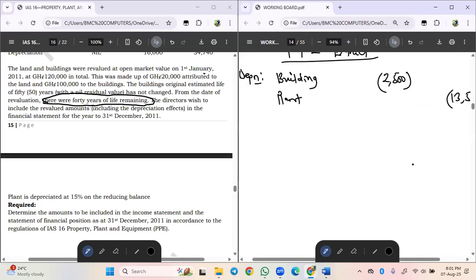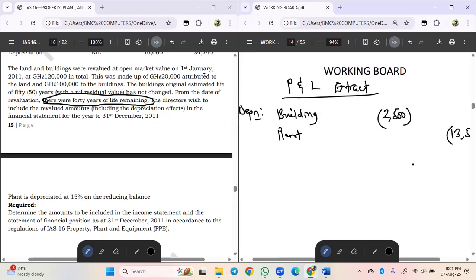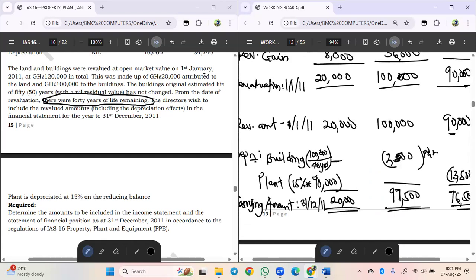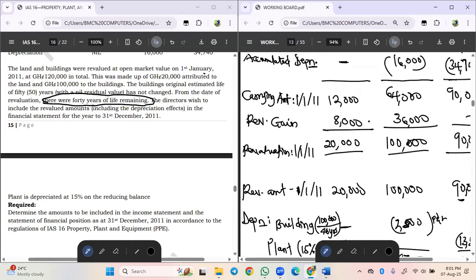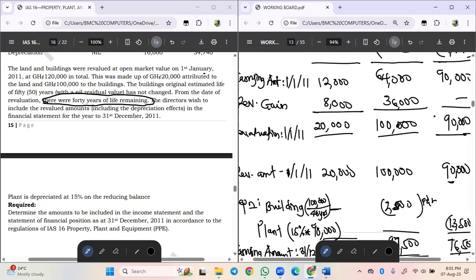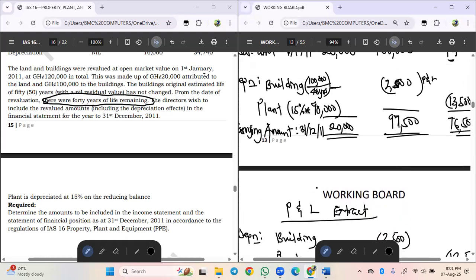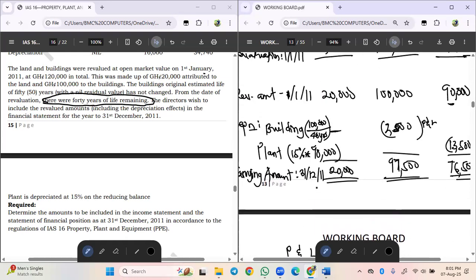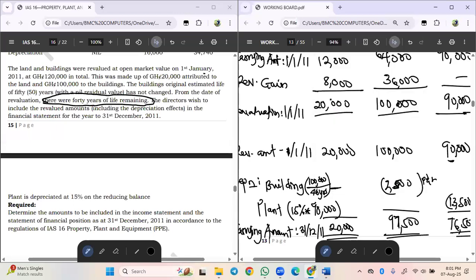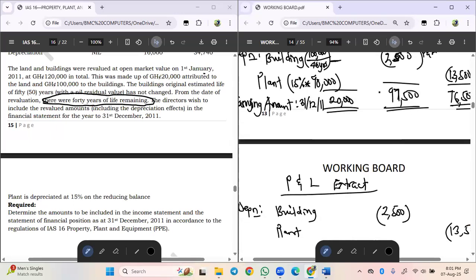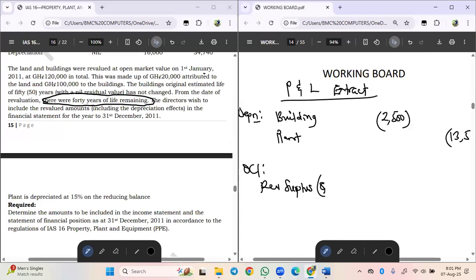Then we have OCI. The OCI will contain the revaluation gains, 8,000 and 36,000. So revaluation surplus or gain. So that one will be the two amounts, 8,000 plus 36,000. This ought to be the amount.